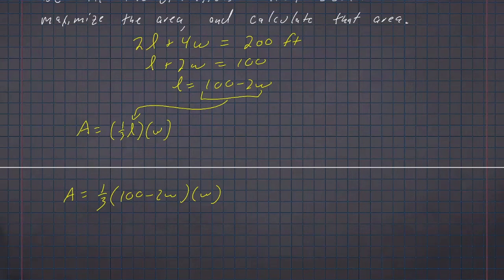Distributing a couple of places here, and we get that area is 100/3 times W minus 2/3 times W squared. Right, and I am going to leave that as the fractions 2/3 and 100/3. It will make life a little bit easier for me.